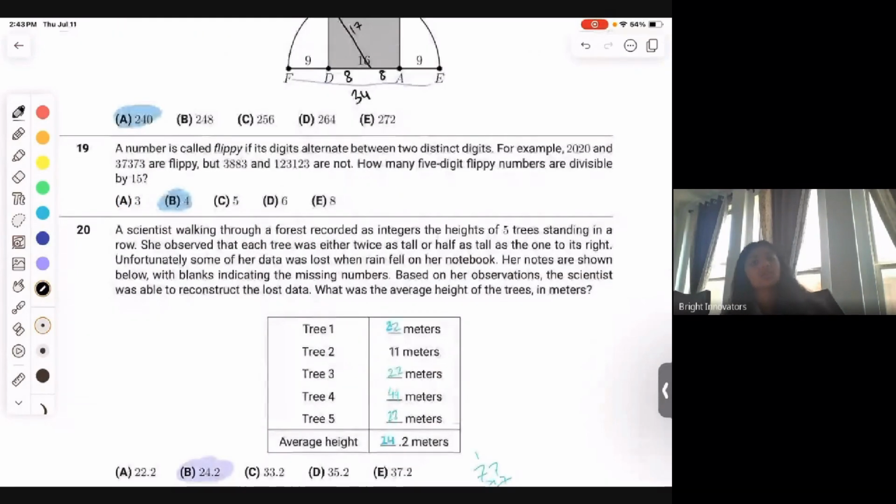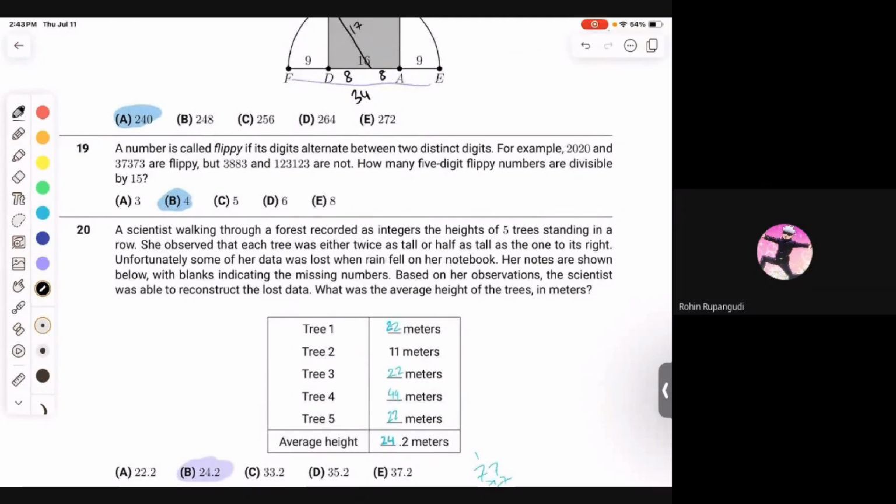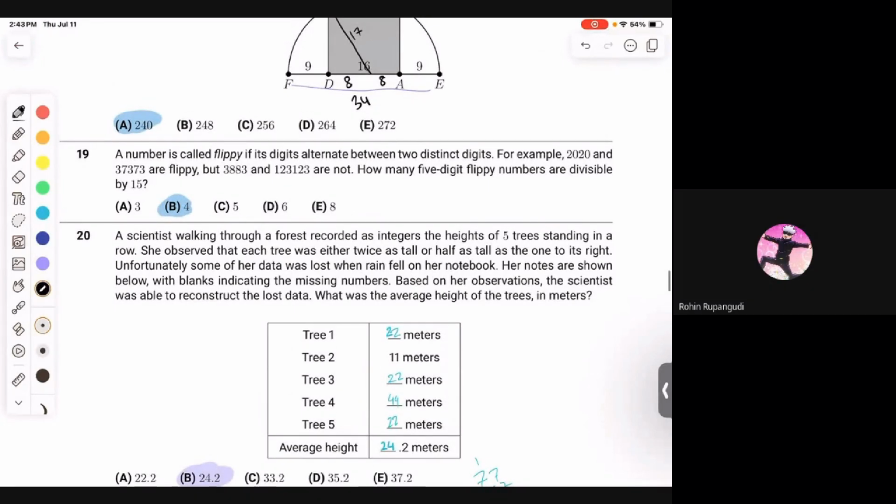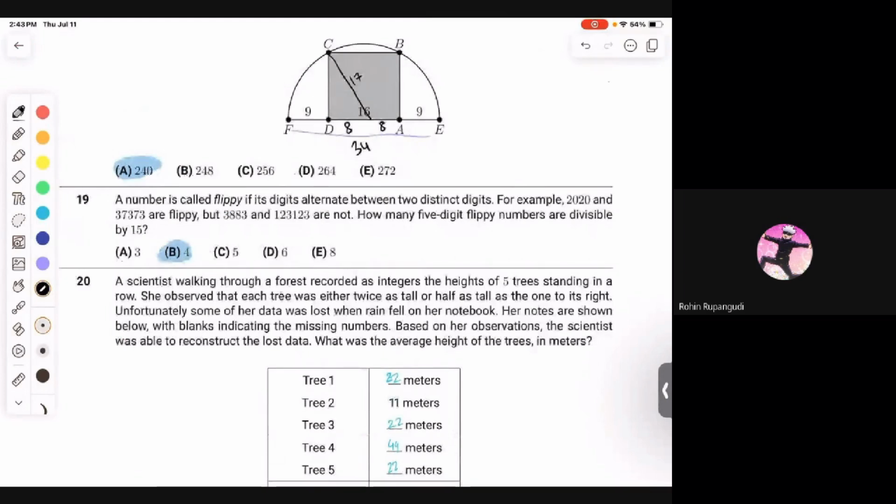Rohan, do you want to explain that one? Sure. A number is called flippy because its digits alternate between two distinct numbers. So how many 5-digit flippy numbers are there that are divisible by 15?